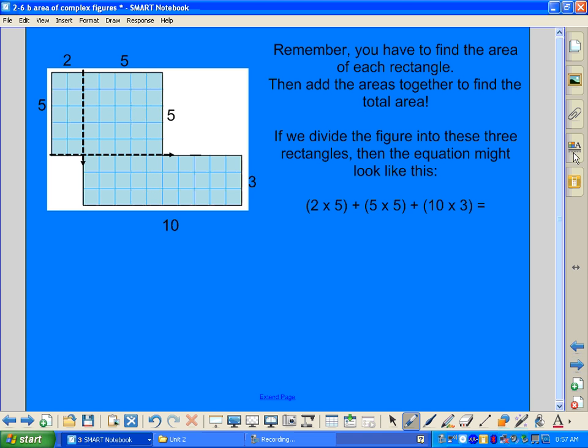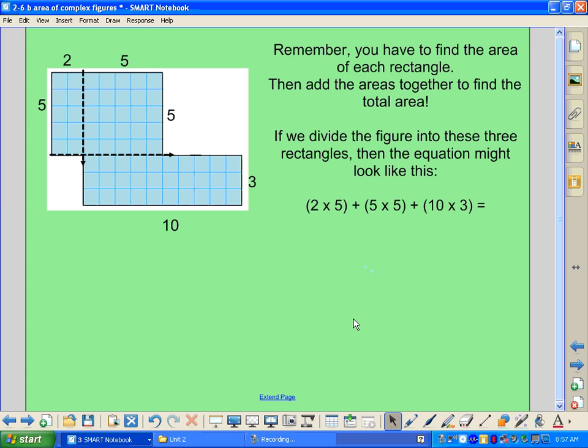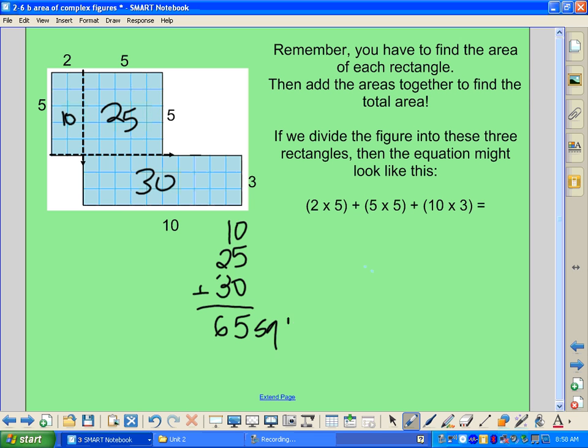Alright, if we decided to divide it this way, 65 square units.